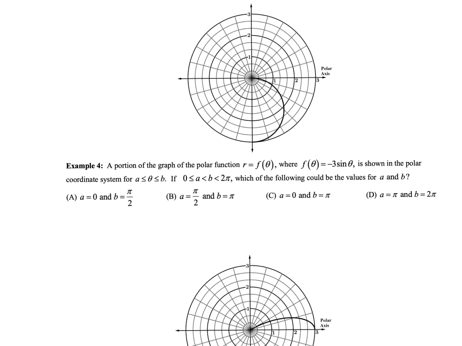All right, fantastic. On these, I like to know where they start, where its maximum is going to be, and where it's going to come back to the pole. If we have -3 sine theta, what really is that? It's a circle. And which way did my circle go? It's going down.